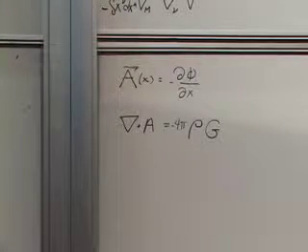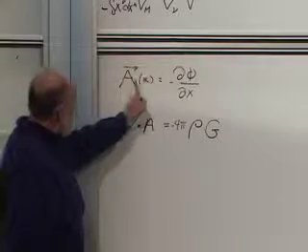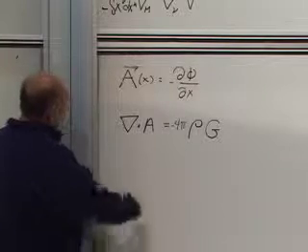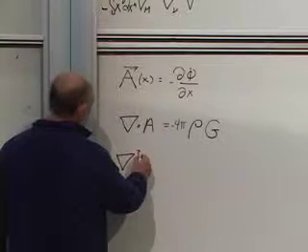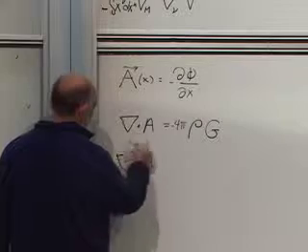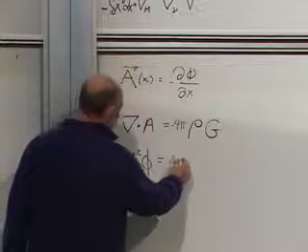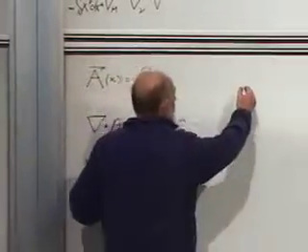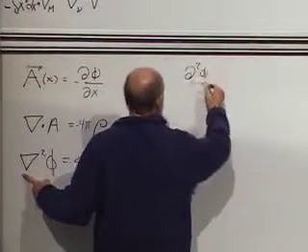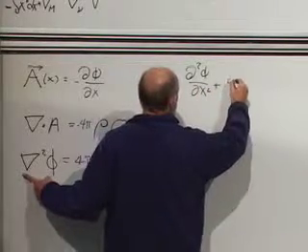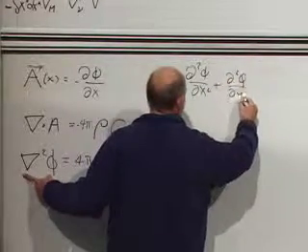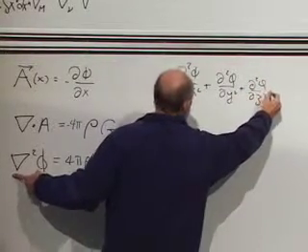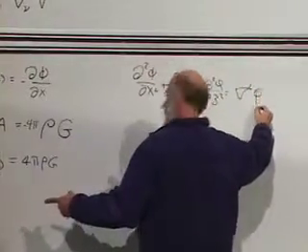Right. Now, this tells us since A is the gradient of phi, and this is the divergence of A, this can be written as del squared phi, or maybe with a minus sign, is equal to 4 pi rho g, where del squared of phi means the second derivative of phi with respect to x plus the second derivative of phi with respect to y plus the second derivative of phi with respect to z equals del squared phi.